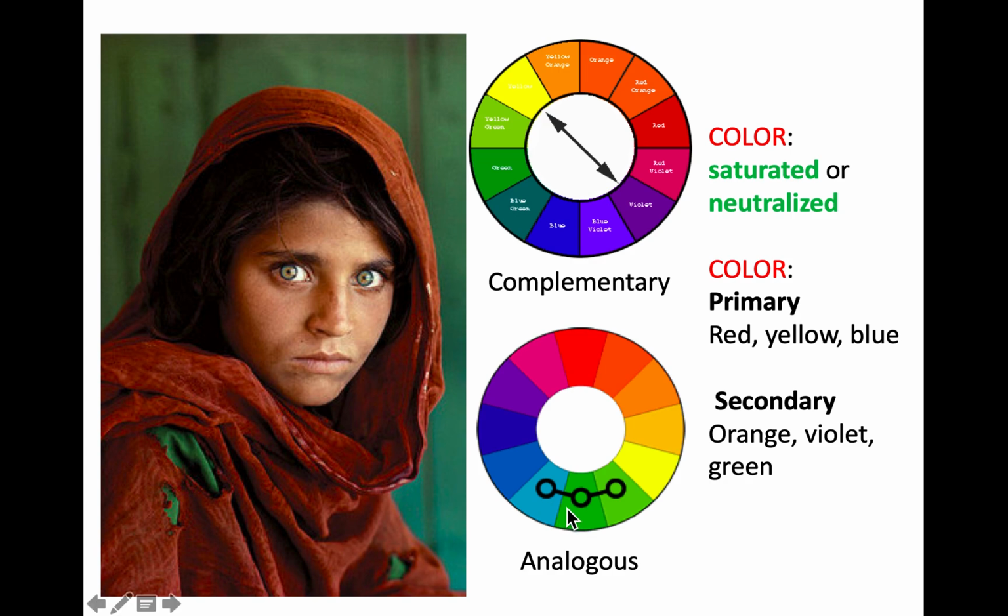Okay, then analogous colors are colors that are next to each other in the color wheel, so they look good together, right? So if you are going to get dressed in the morning, for example, you wear jeans, which we all do. Well, the jeans look good with just about everything, in part because it's a neutralized blue, right?